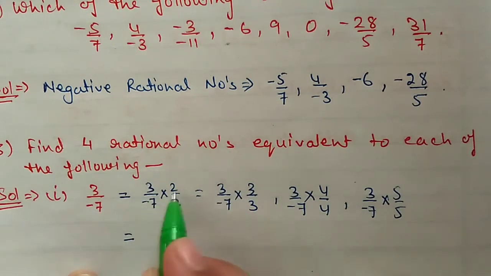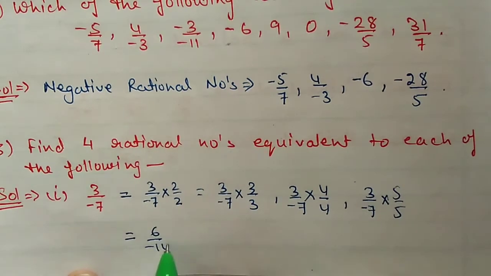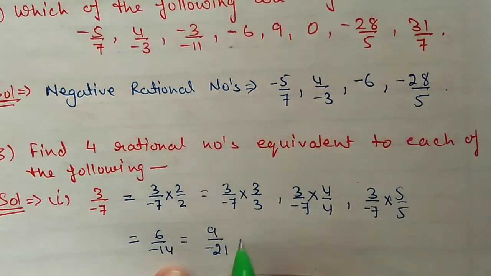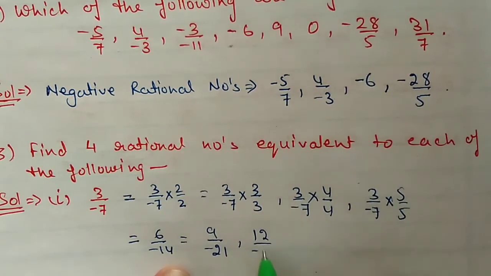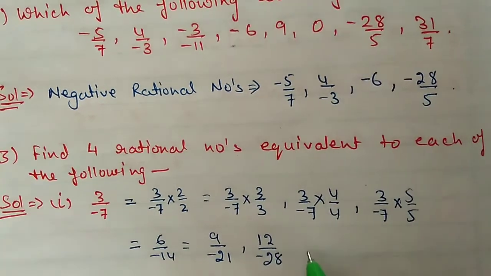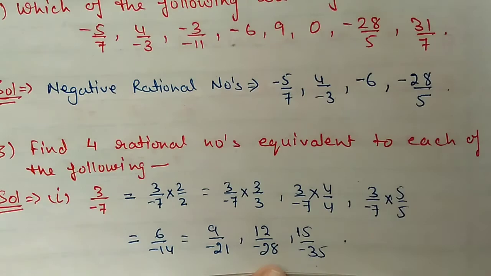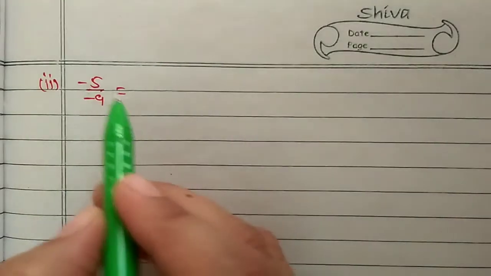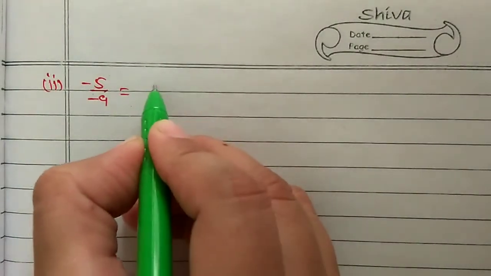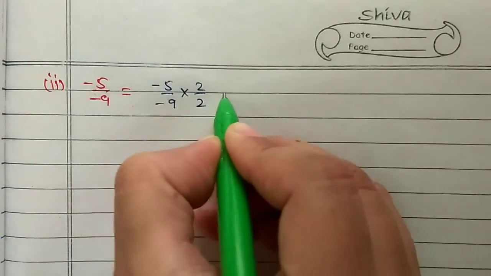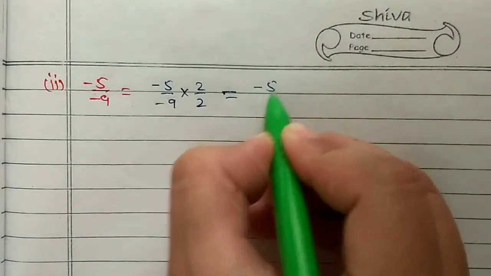Calculation will be easy. 3 to 6 by minus 14. Then 9 by minus 21. And 12 by minus 28. 15 by minus 35. These are the equivalent rational numbers. Second part, minus 5 by 9. So same thing you have to do. First multiply it with 2, and in the second case you can multiply with 3.